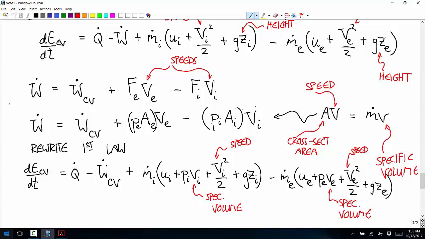Okay, so I showed you this because we're going to shorten one thing. Look at what happened here. I was saying before that this enthalpy thing sort of has an interpretation, but mostly it's just a mathematical set of terms that show up together a lot.